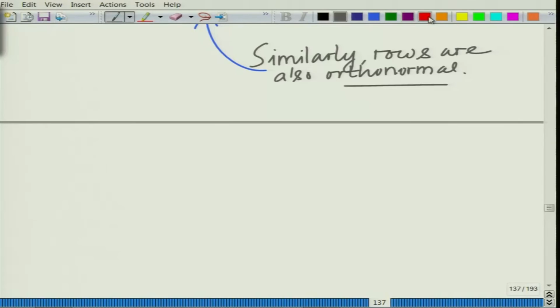Now, let us look at another interesting property, and all these properties arise very frequently. That is, we take any n dimensional vector x tilde, n cross 1, which is given as u times x bar, where u is an n cross n unitary matrix and x bar is an n cross 1 vector.